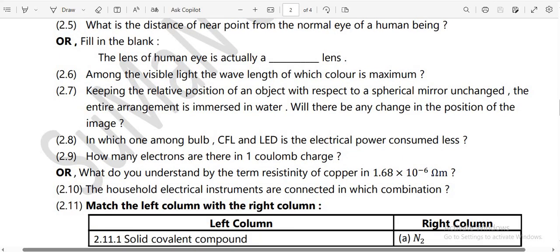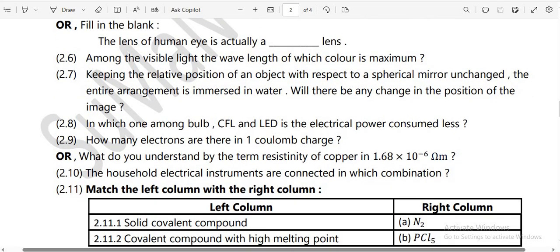Or write the resistivity of copper: 1.68 into 10^-8 ohm meter? 2.10 The household electrical instruments are connected in which combination?